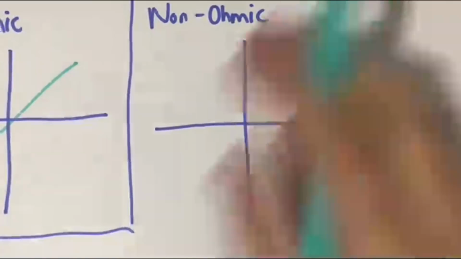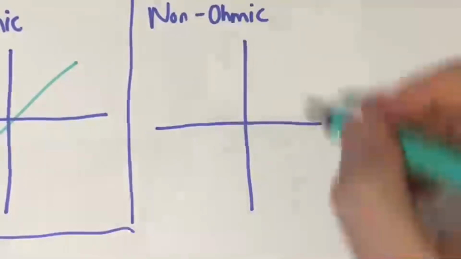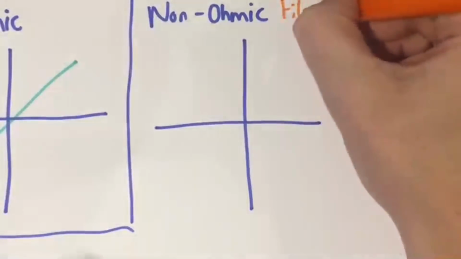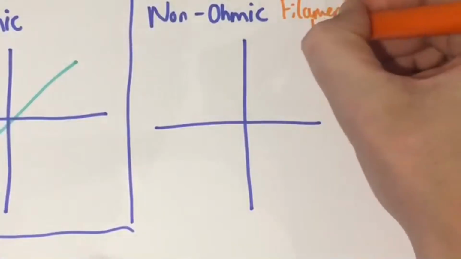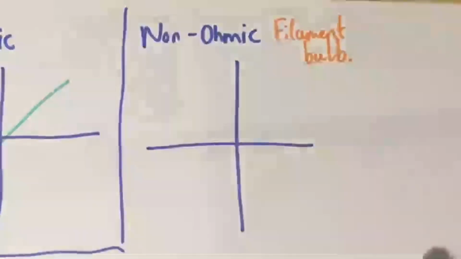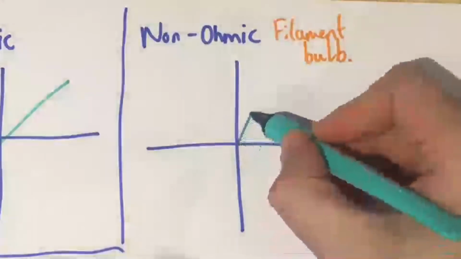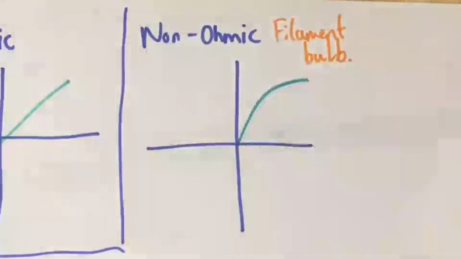So the first would be something like a filament bulb. If you look at an old-fashioned light bulb, the way that they work is they have a very thin piece of wire in them, which gets really, really hot. It gets so hot it glows. What that means is as the current gets up, basically less and less electricity can flow.